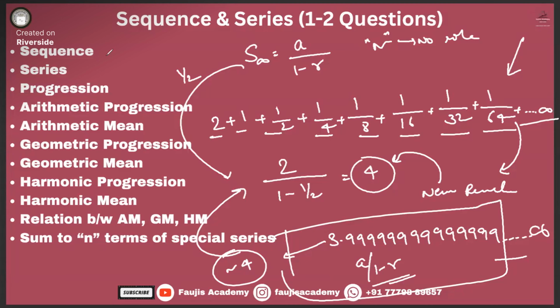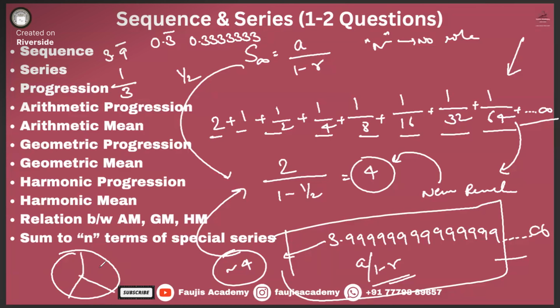You remember we were studying something like 0.3 bar, which is basically 0.33333. Is it really 1 by 3? 1 by 3 is this portion, and it has got a fixed value.